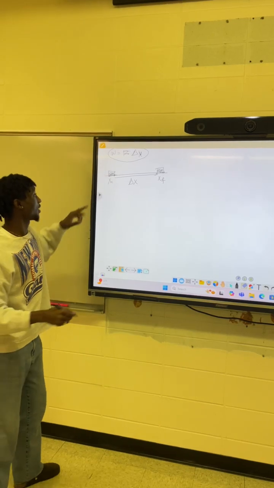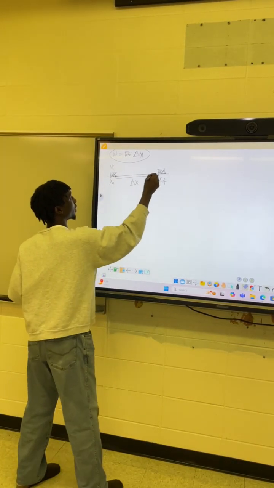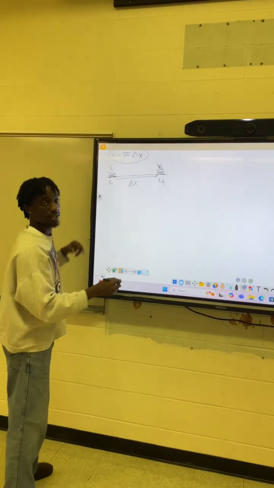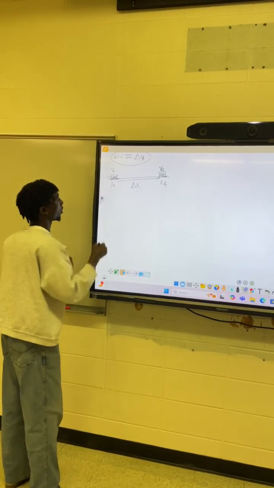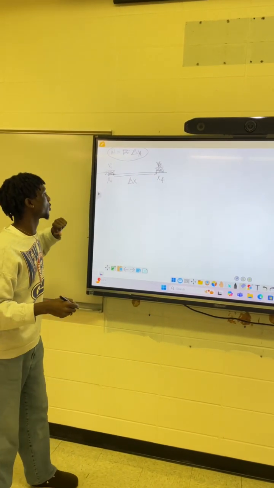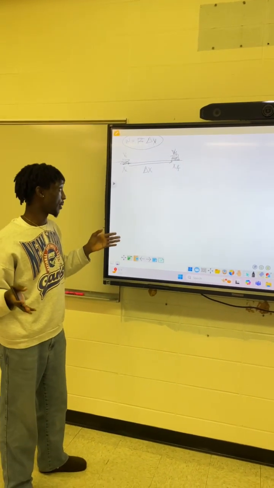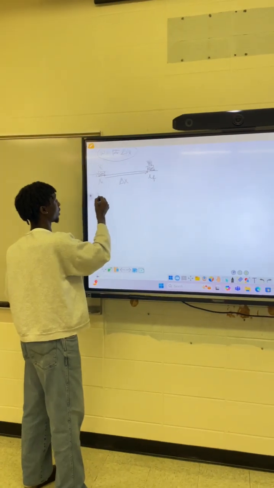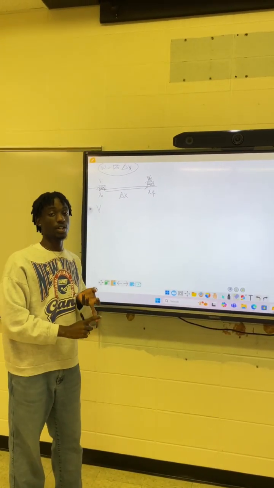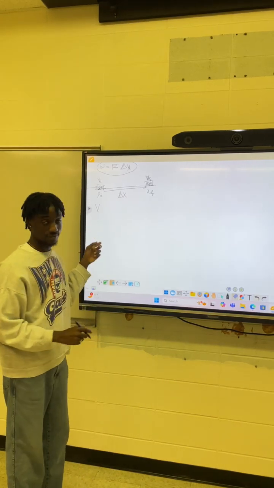This mass also had an initial velocity, and it has a final velocity. And we know that a force acted on this body to move it from here to here. Now, according to the laws of kinematics, there is a formula that relates final velocity, initial velocity, acceleration, and the displacement. This is the formula I'm going to show you.